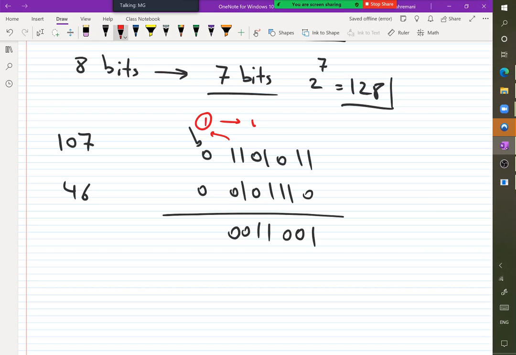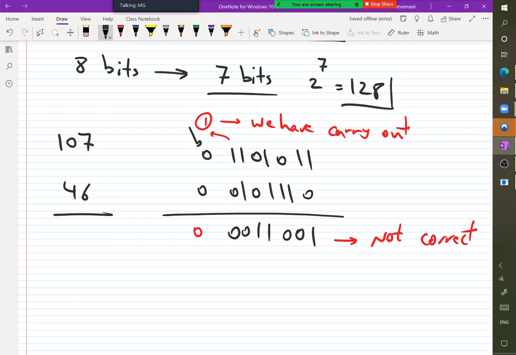So the result shown here is not correct. It means that we are out of the range. 107 plus 46 is greater than 128. So we have a carryout.